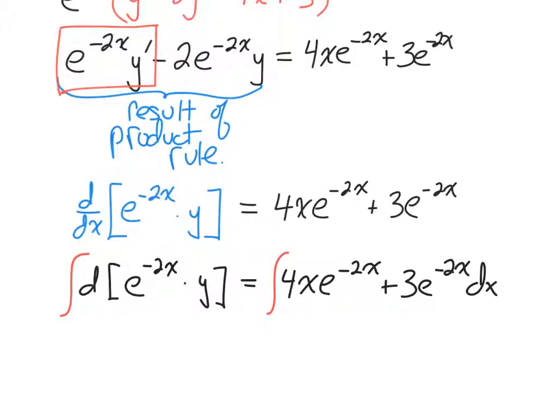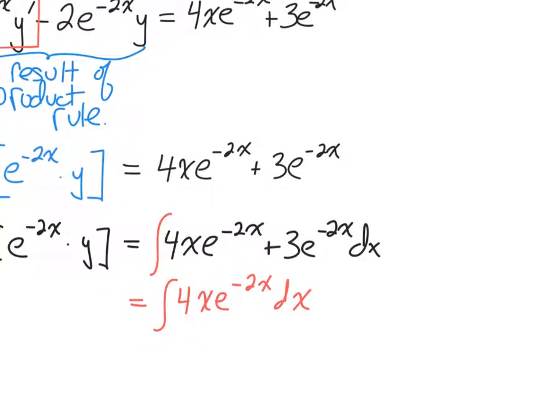On the right, though, we have some work to do, looking at you, 4x e to the negative 2x. The other one's not bad. Not worried about the 3. Integration by parts.